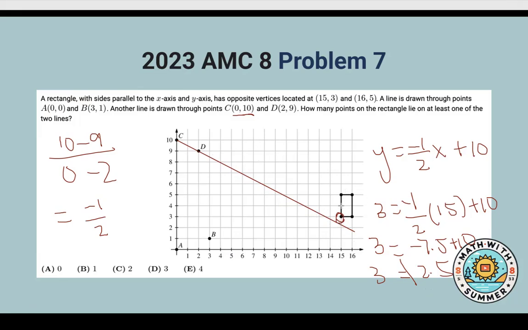So we know that it never touches any point on this rectangle. So the only point that it actually touches, through AB, is this point up here, (15, 5). So we know that there's only one point on this rectangle that lies on at least one of the lines. So our answer should be B.